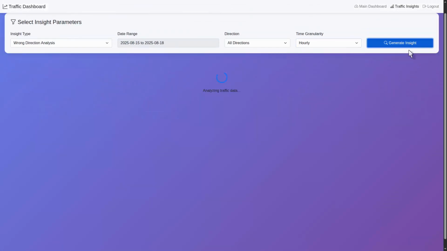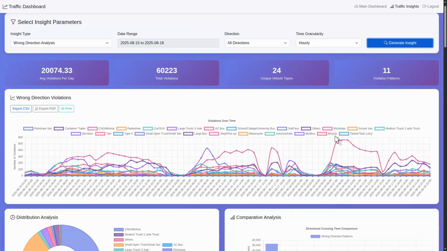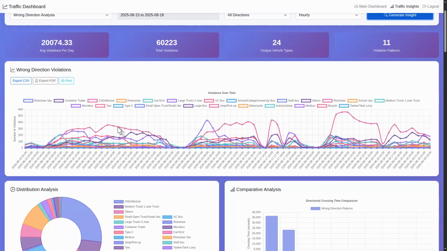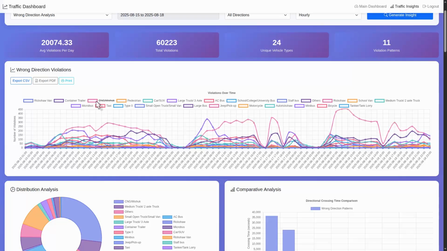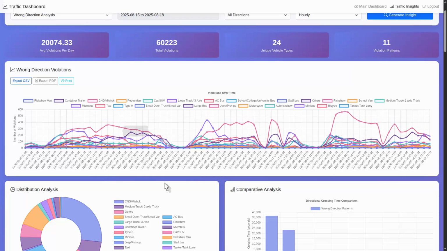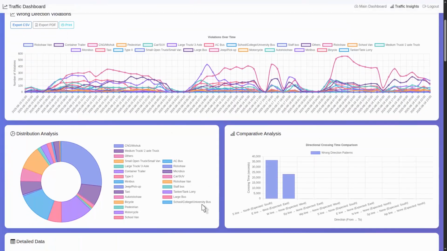If we change it to hourly settings, we will see the hourly distribution within that date range. This chart is interactive. We can toggle one or more vehicle types to get more directional insights.